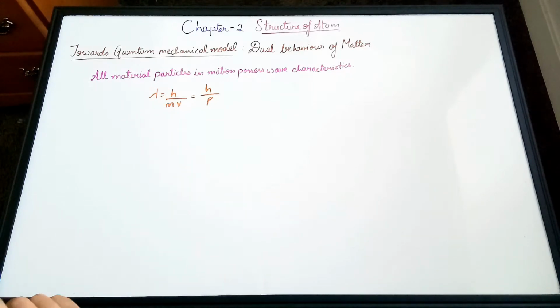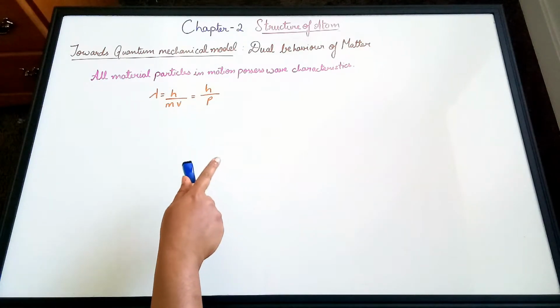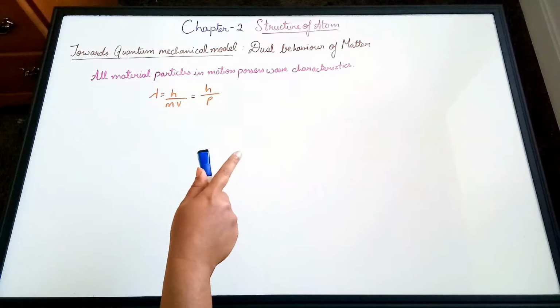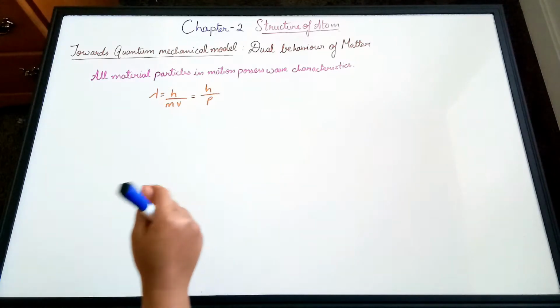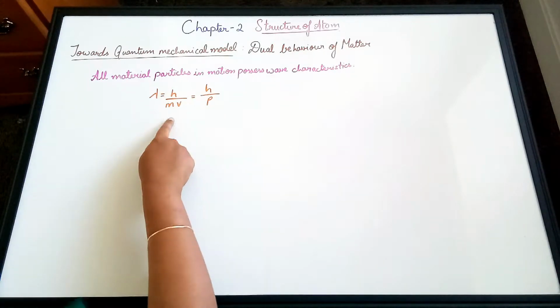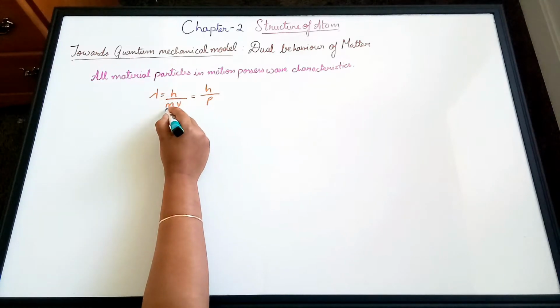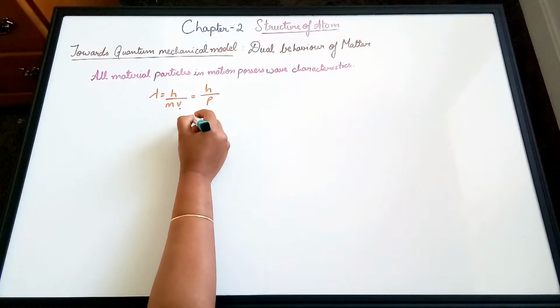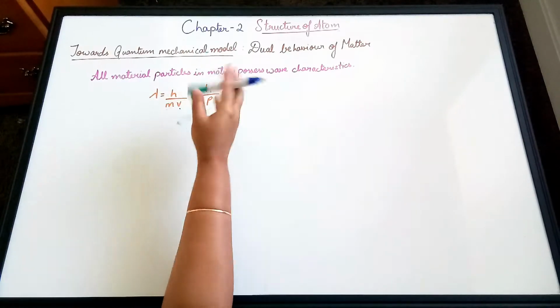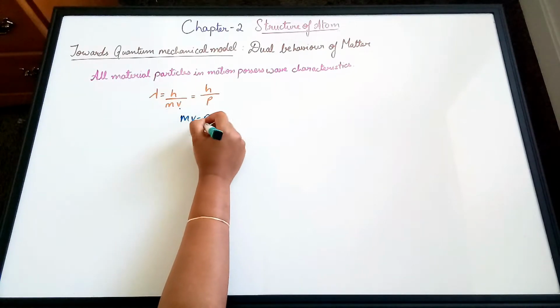So according to de Broglie, all material particles in motion possess wave-like characteristics. So wavelength, that is lambda, is given by the equation h by mv, where h is the Planck's constant, m is the mass, v is the velocity, and mv equals p, that is the momentum.